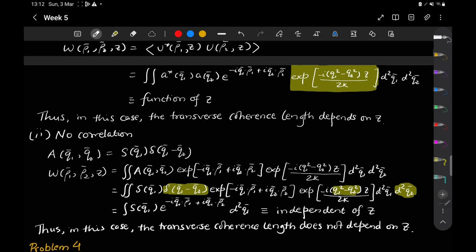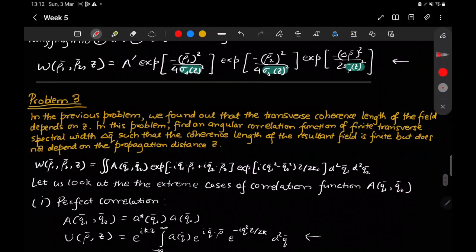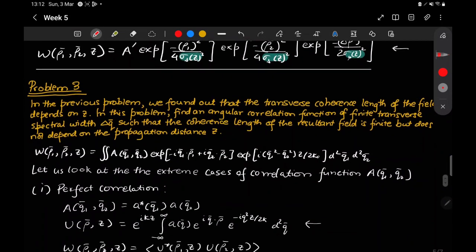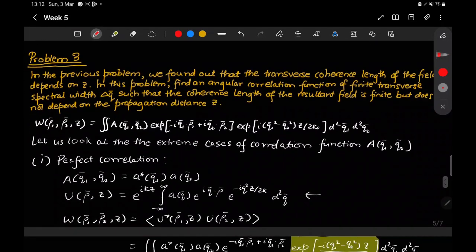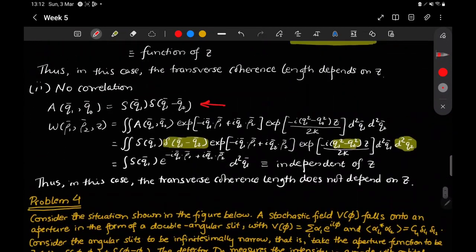And this is what we wanted. This is our desired condition. The question had asked us to find a situation, a particular angular correlation function, for which the transverse coherence length is independent of z, and we have found exactly that.